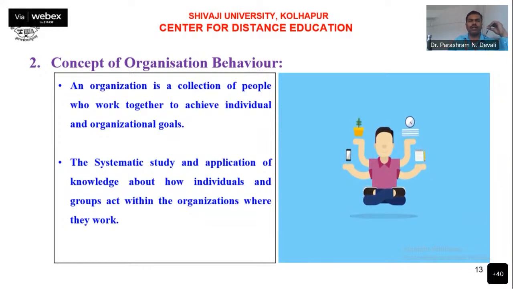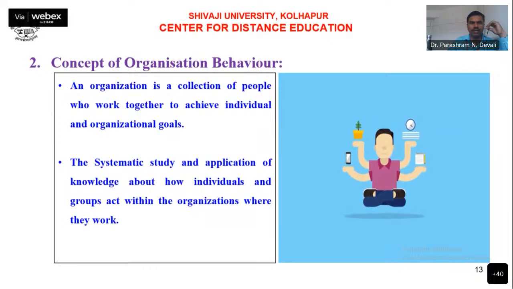In the concept of organization behavior, it is generally said that an organization is a collection of people who work together to achieve the individual and organizational goal. Okay, means what? People may come together, they may specify the objective or goal, and they take efforts for achieving the organizational goal. That is organization.